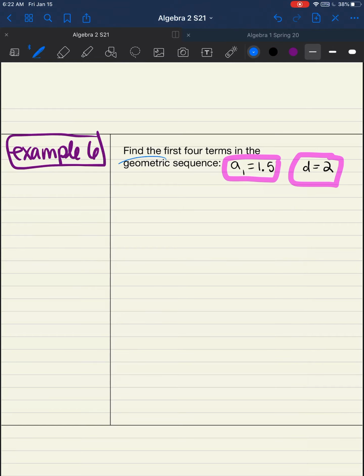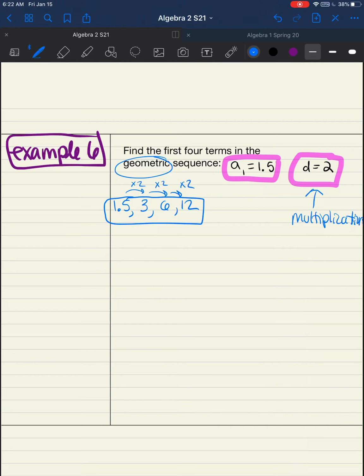So because they told us geometric, we need to remember that this is multiplication. All right, so our first term would be 1.5, and then we're multiplying by 2, so that's going to be 3, times 2, 6, times 2, 12. And those would be the first 4 terms in this sequence.